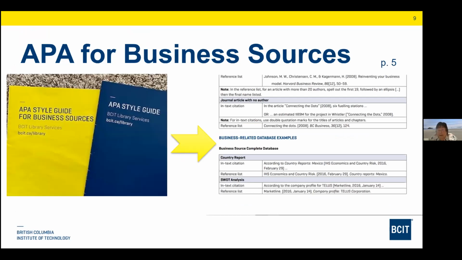Why it is so useful is that the APA style guide, the blue one, gives general information about how to do citing, and then the yellow one has examples from each of the different databases. On the right-hand side, you'll see that I've done one for Business Source Complete, and I've done a country report and a SWOT analysis. So when you start working with your assignments, you always need to refer to any item that you use in your assignments.